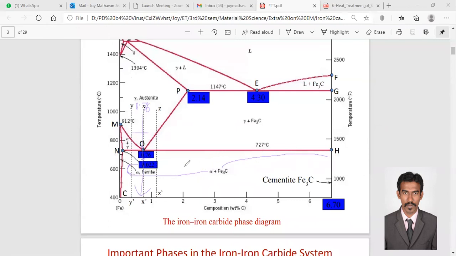So this reaction is called the eutectoid reaction. Okay, so the way the reaction is happening is the same.